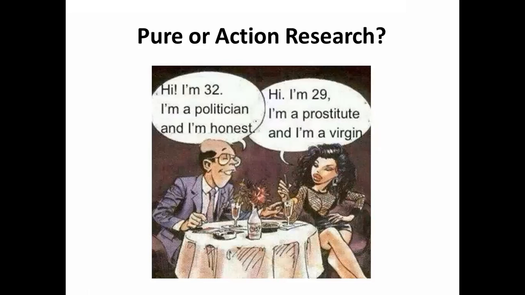Okay, do you believe that? So is this pure or action research? Pure research. Right? Yes. Okay, because you just want to know why a prostitute is still a virgin. Impossible. Yeah, impossible. Freedom, this is freedom.